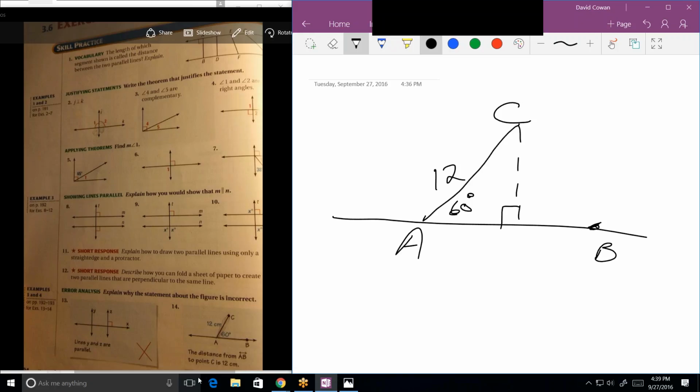In all right triangles, the hypotenuse is the longest side. So this distance here, which I'll call y, has to be shorter than 12, just like x has to be shorter than 12, because the two sides of a right triangle are always shorter than the hypotenuse.